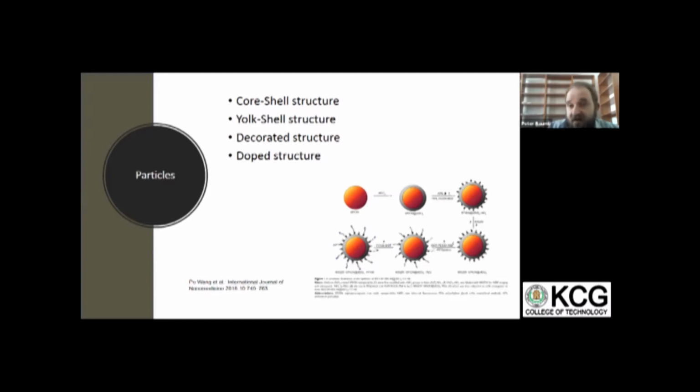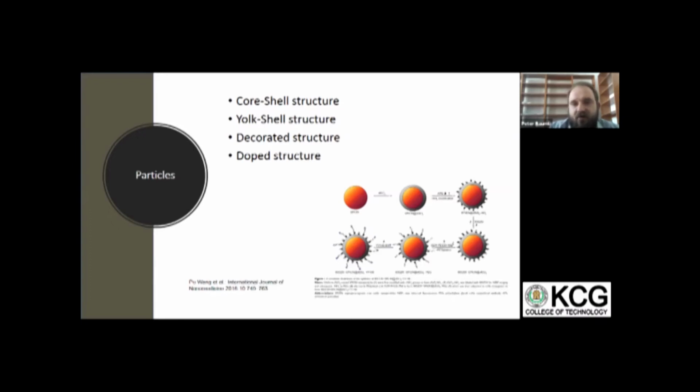Or a very interesting structure is the so-called yolk shell. You can imagine this as an egg, and the particle is the outer part of the egg. The inner part is the yolk, and there is no white in this egg. This is the yolk shell structure.